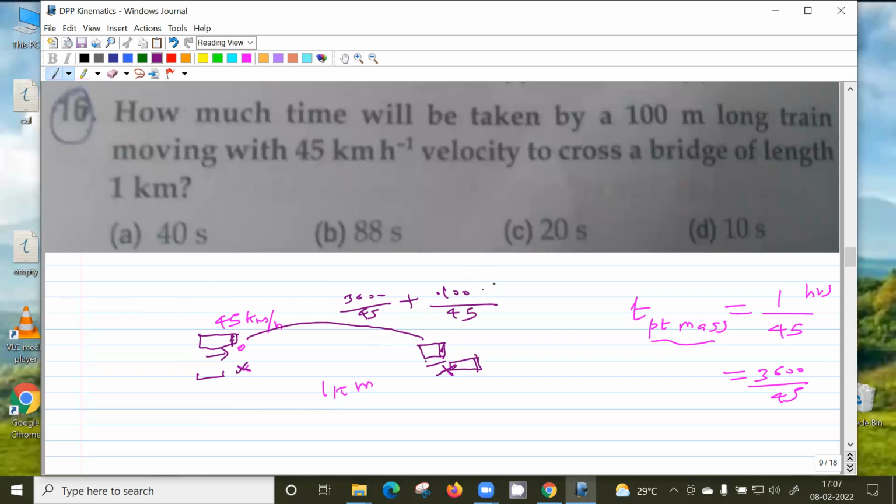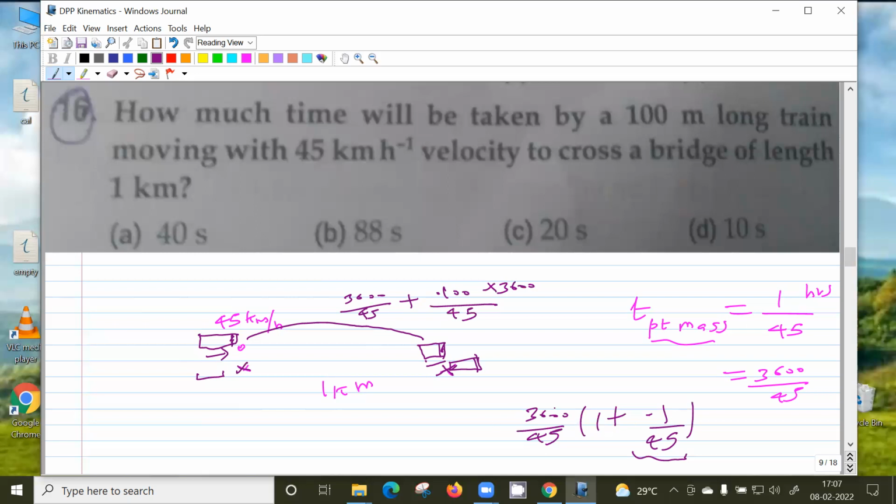This will be in hours, so into 3600. So it's 3600 by 45 into 1 plus 0.1 by 45. So this is a sort of a correction because of the length of the train.